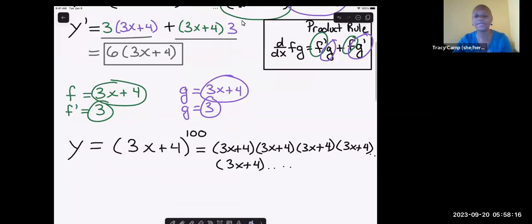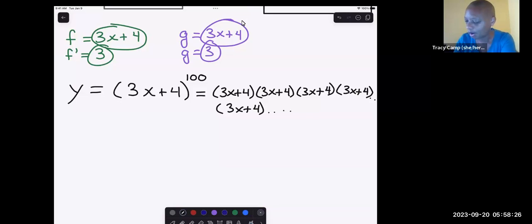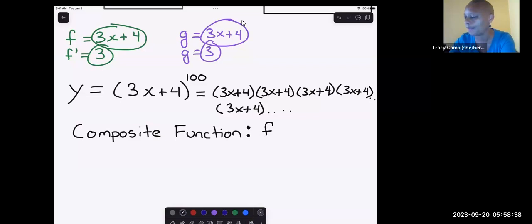What I was saying at the very beginning is that the chain rule is used for what we call composite functions. And composite functions are functions where you have a function within a function. So a composite function will look like this: f of g of x.